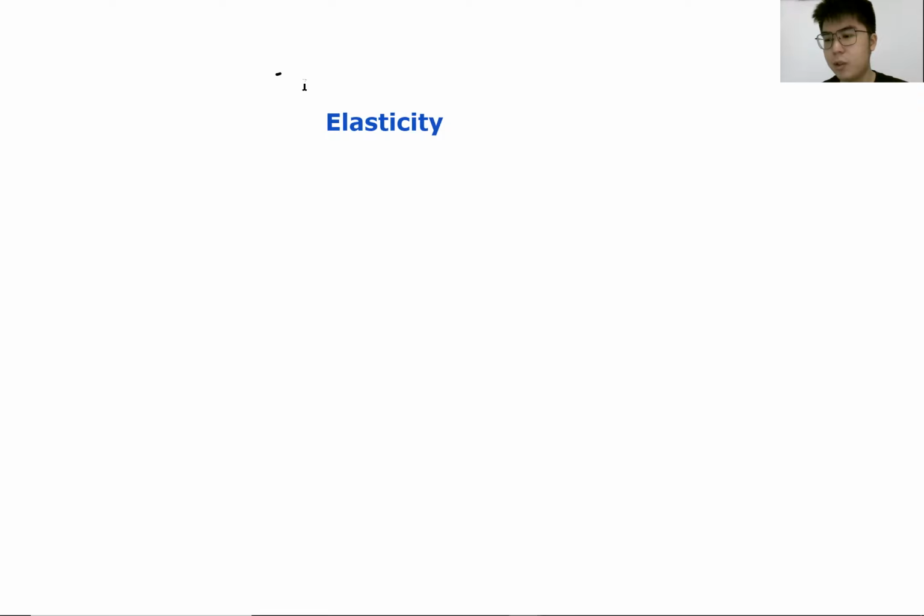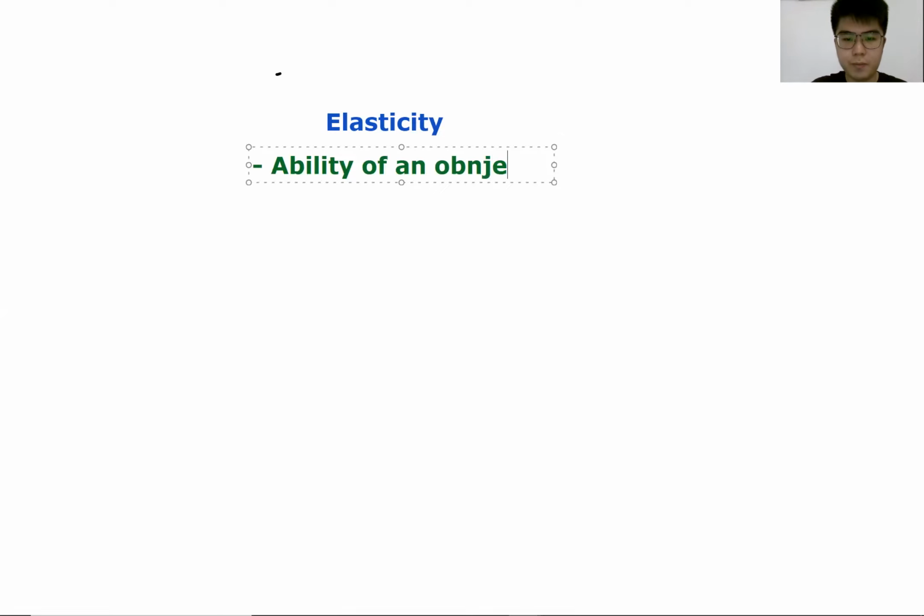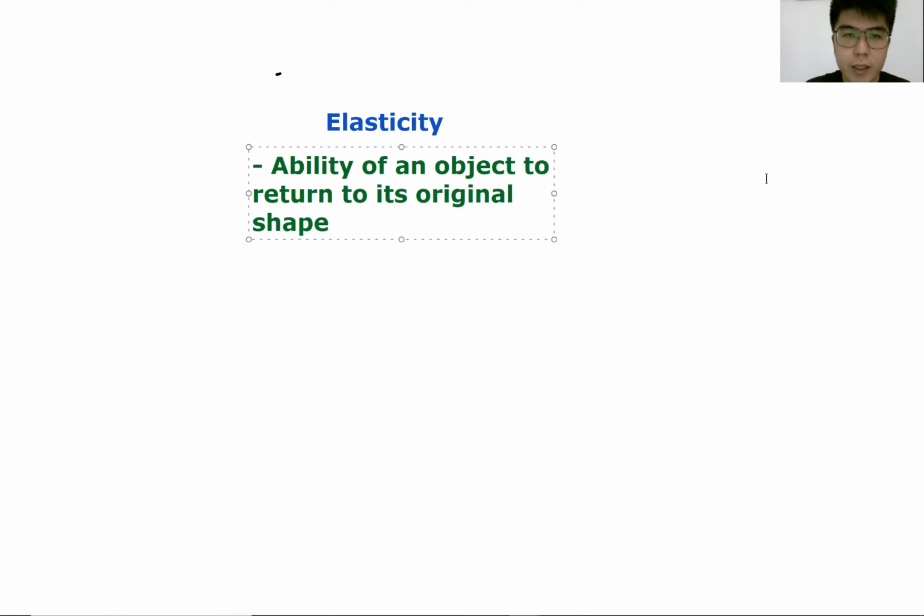Now, to define elasticity, it is actually the ability of an object to return to its original shape. If I write down here, ability of an object. Now look at the word here, ability. It is the ability of an object to return to its original shape. For example, some elastic materials are rubber band, spring or string.